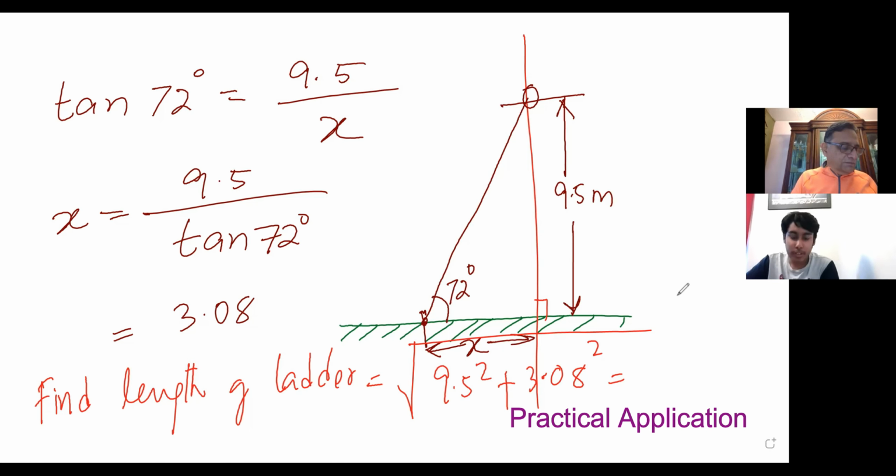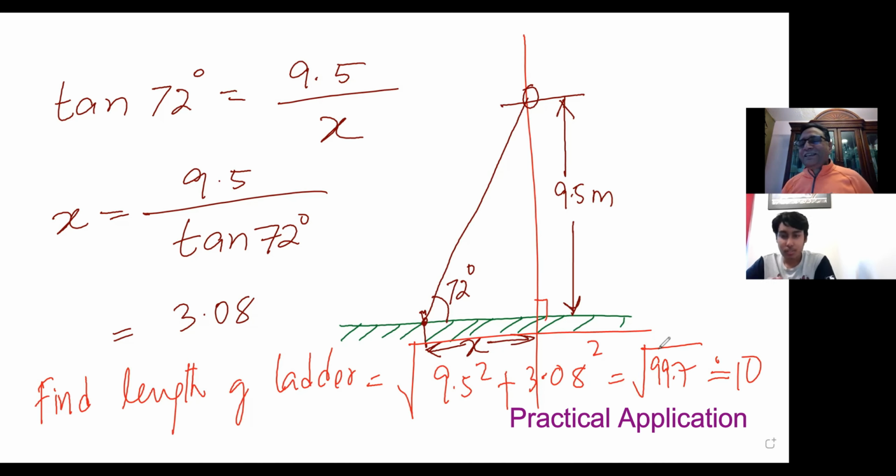I got the square root of 99.7, which is almost 10, approximately equal to 10. So we got the same result as last time when you calculated with the sine ratio. Everything comes together. That is how we could solve questions using a ladder.